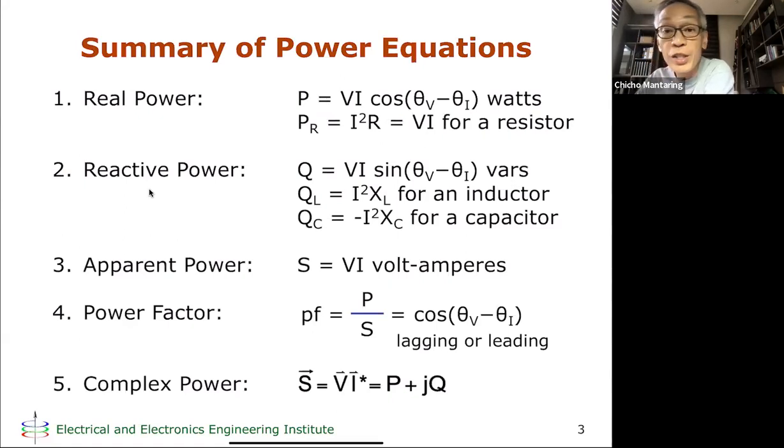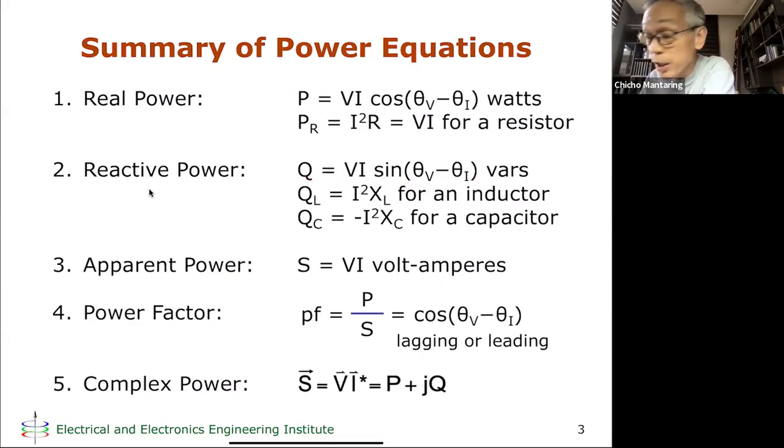If you know the phasor voltage and the phasor current associated with your element, then you compute the power in watts as VI cosine of theta V minus theta I. If that is a resistor, then the power in watts is just I squared times R, where I is the RMS value of your current. And then the reactive power, again, if you know the phasor quantities, you use this formula.